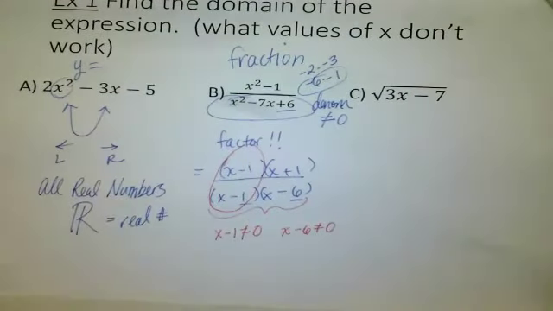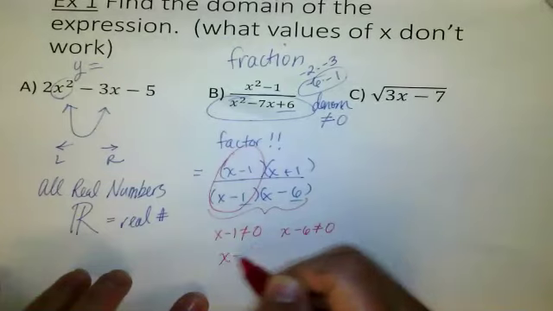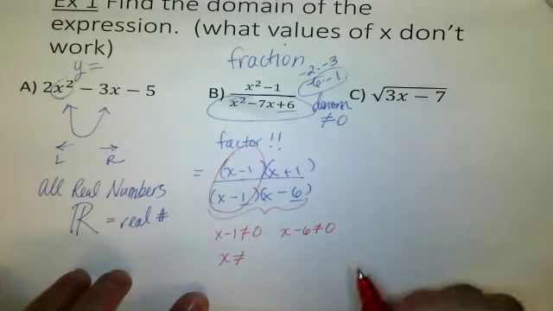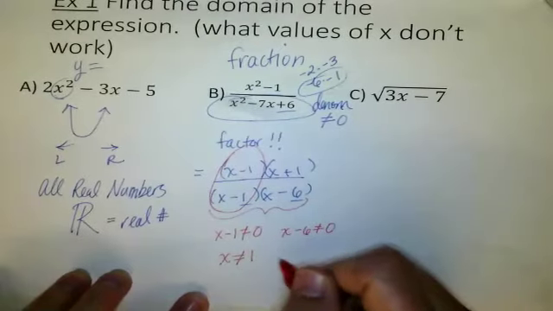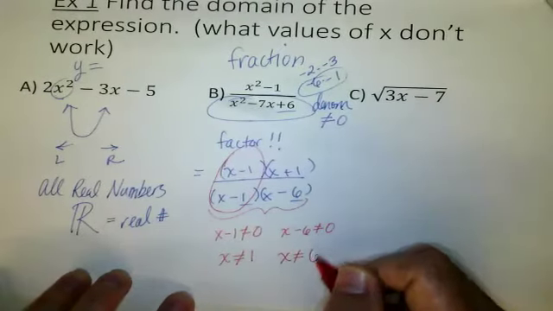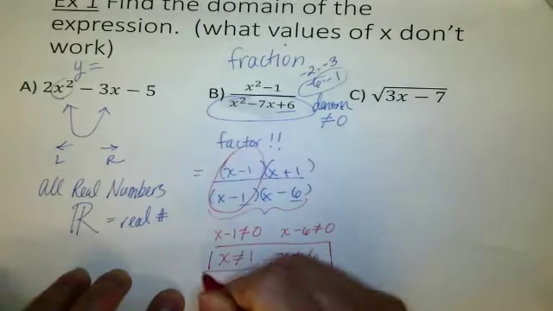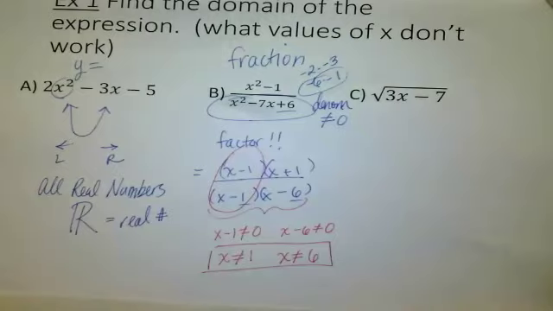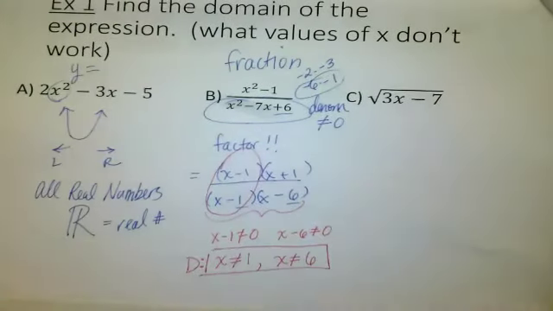Each bubble is not allowed to be 0, which means if I move the 1 over, x is not allowed to equal positive 1, and x is not allowed to equal positive 6. These are 2 excluded values. And so I would just say this is the domain. X cannot equal 1 and x cannot equal 6. Everything else works just fine.